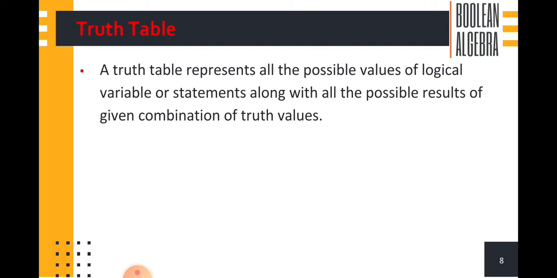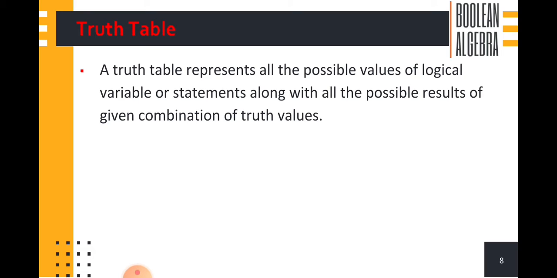Now you can see the truth table. What is meant by a truth table? A truth table represents all the possible values of logical variables. We already studied that Boolean algebra describes the relationship between the input and output of a logic circuit, a digital circuit. It can be described by using the truth table.